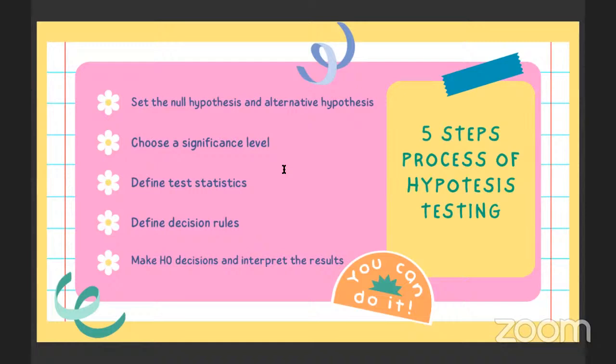Next, step 3 is to define the test statistic, where we use a test statistic to determine whether the null hypothesis from step 1 is accepted or rejected. Moving to step 4, define decision rules, where we check the critical value against the test statistic that has been computed. And the last one is to make the H0 decision and interpret the result.